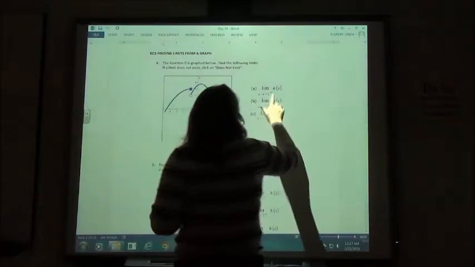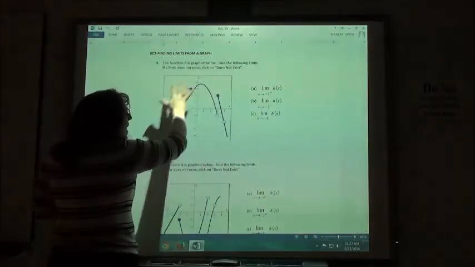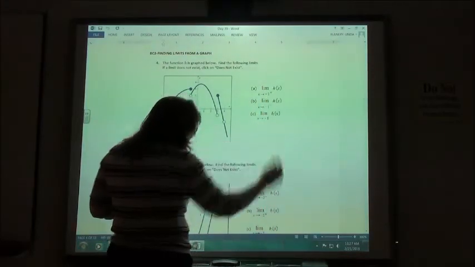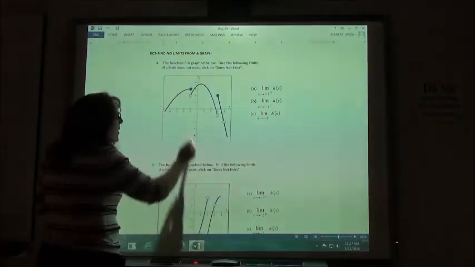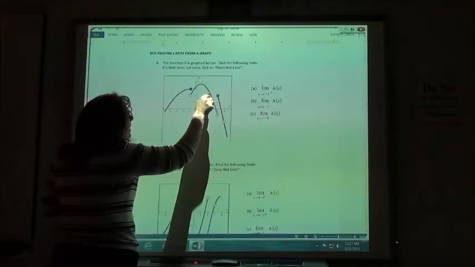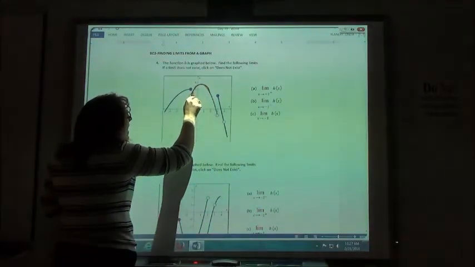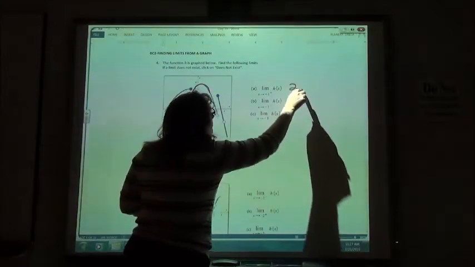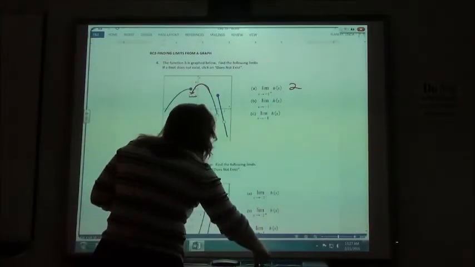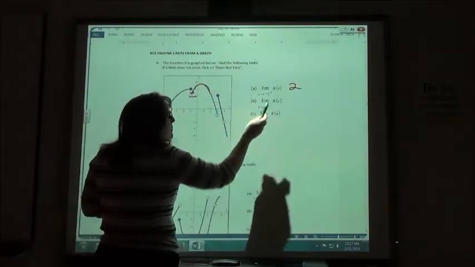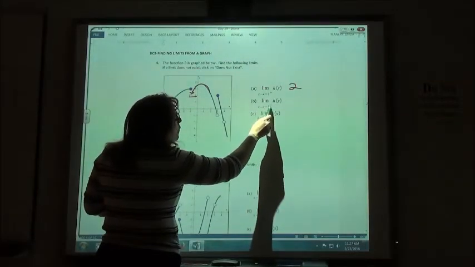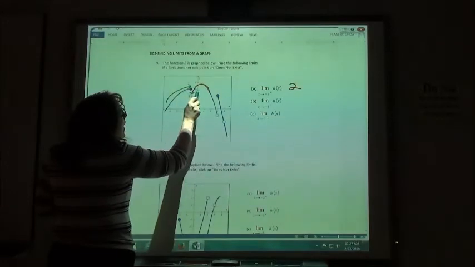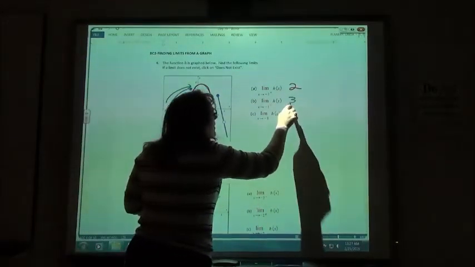So this is telling me, on my graph h, as x approaches -1 from the positive side. Here's where -1 is. As I approach it from the positive side, my value gets closer and closer to 2. If I do the limit of my function as x approaches -1 from the negative direction, I'm coming from this direction, and I'm going to have 3 for my limit.